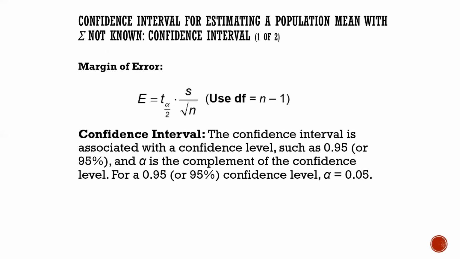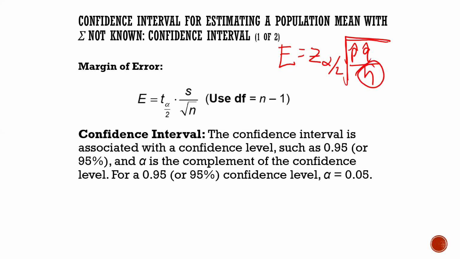And here's the formula. Notice it's pretty similar to the other formula. Our formula before was E. Just like before, we used Z alpha over 2, here we use T alpha over 2. We divide by the square root of n, and instead of the standard deviation as square root of p hat q hat, here we use the standard deviation.